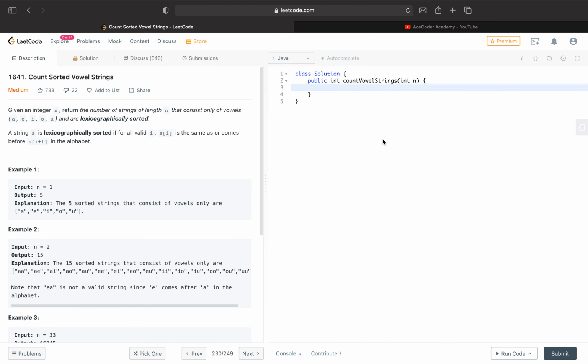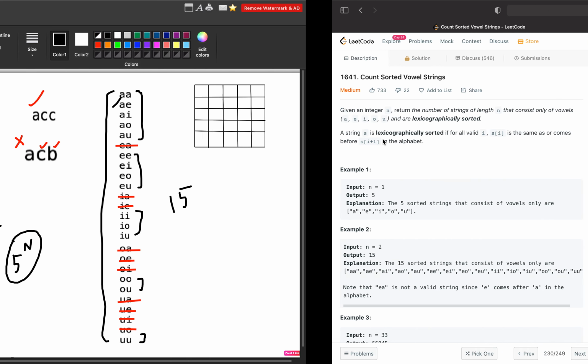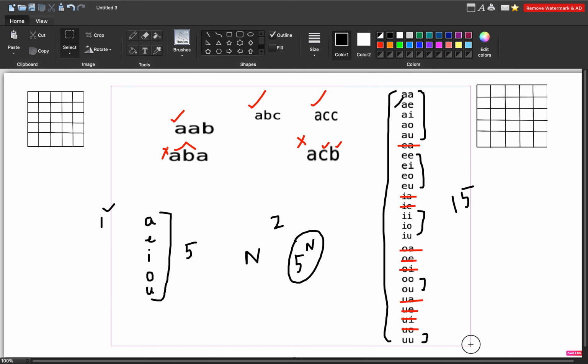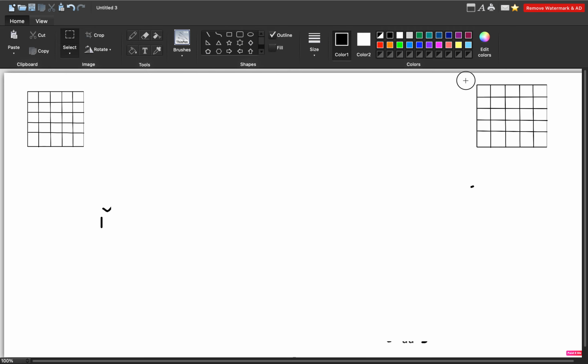Before coding, let's dry run it. Let me clear this thing out so that you can get some space.